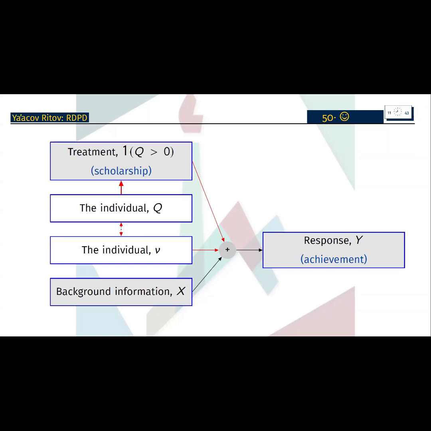Q, the score in the SAT, depends on the same individual, and this affects the treatment. So the conditions for simple regression are not satisfied.